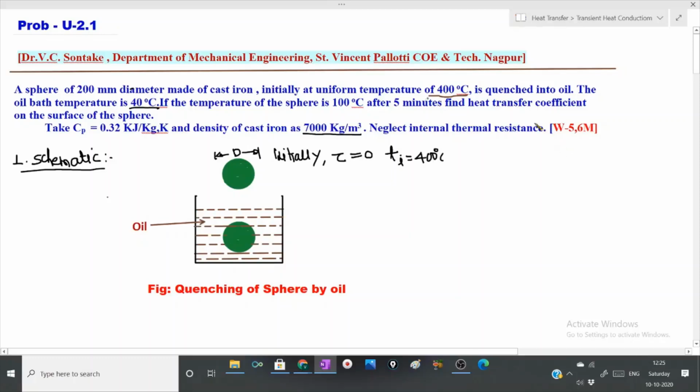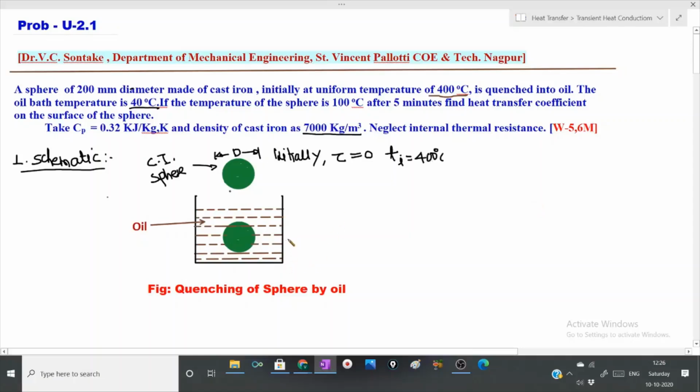As you can see here, initially there is a sphere, and particularly this is a cast iron sphere. The cast iron sphere of diameter d initially, that is at tau is equal to 0, was at temperature 400 degrees Celsius.